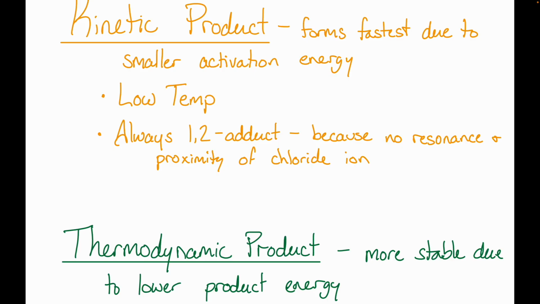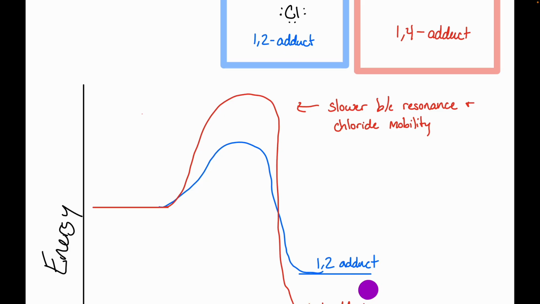So your kinetic product, the one with the lower activation energy barrier, our blue curve here for our 1,2 adduct, is going to be the one that forms at lower temperatures.